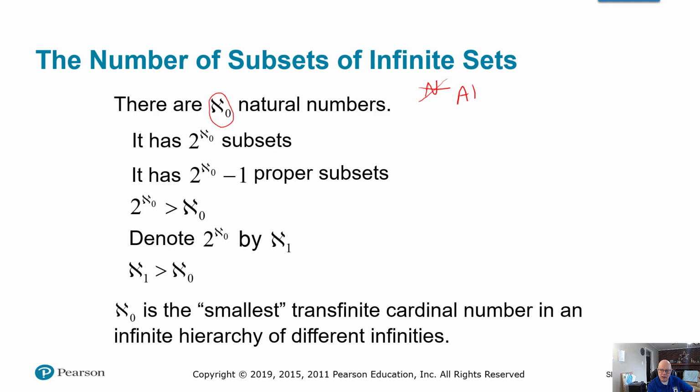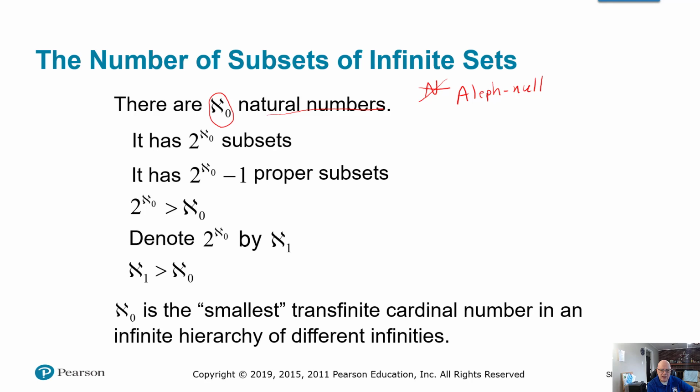It's the Hebrew letter Aleph. And with that 0 down here, it's called Aleph Null. Null as in none for 0. This is how many natural numbers there are.